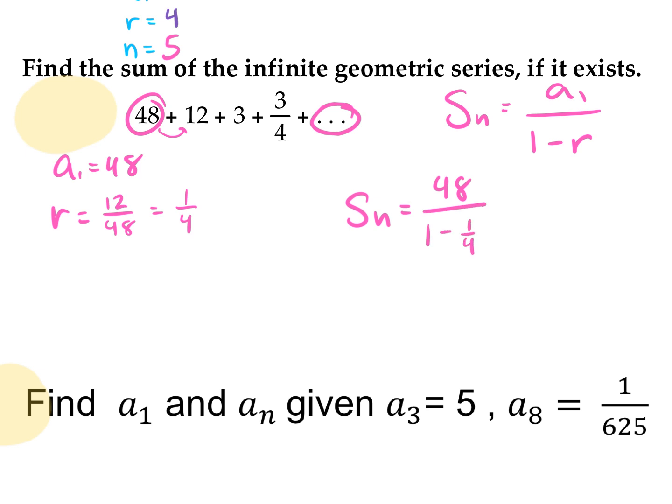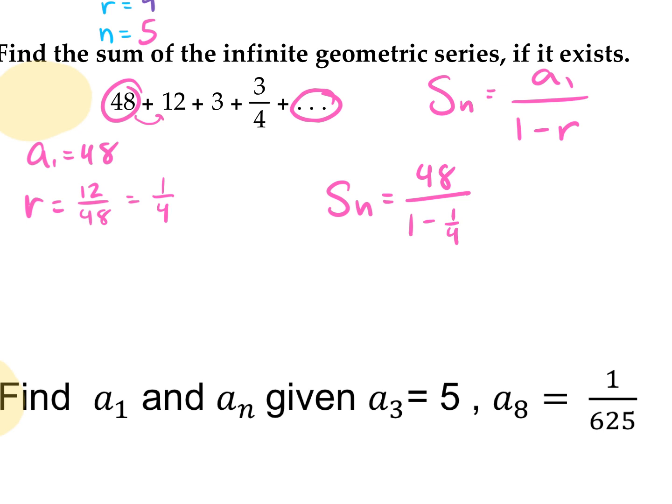Now the directions on the quiz are going to say exact. So let's work it out with our fractions here. Let's just not plug it into the calculator right away, just in case it ends up being a decimal. How do I subtract fractions here? I'm going to turn 1 into what? 4 over 4. Because it's still 1, we're just changing the way that it looks.